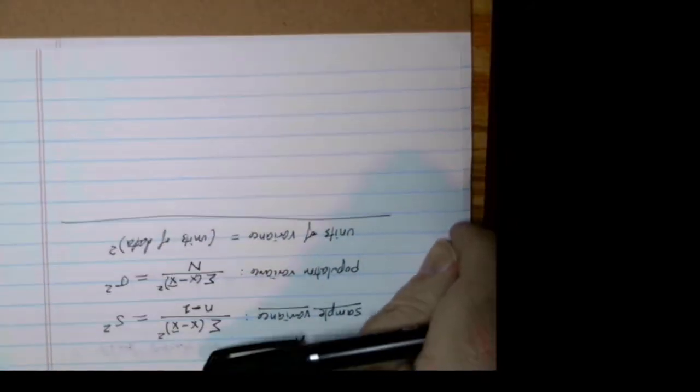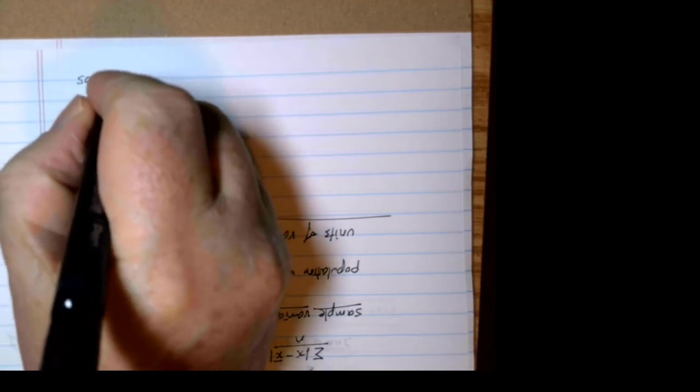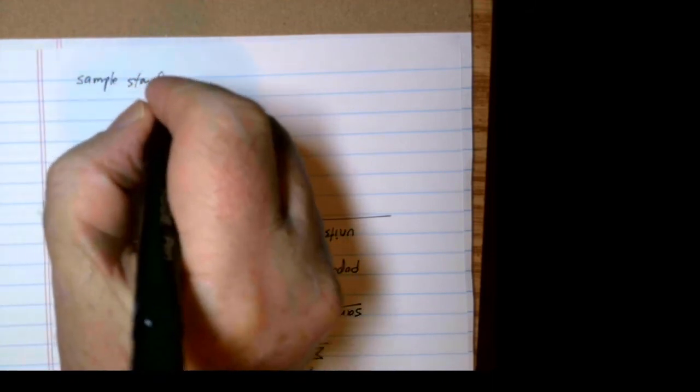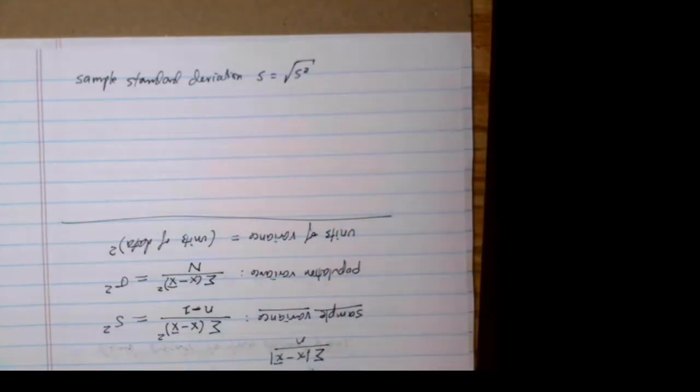The cure for this is to switch to the standard deviation instead of the variance. That's what we will do for the most part. The sample standard deviation, whose symbol is S, is simply the positive square root of the sample variance.